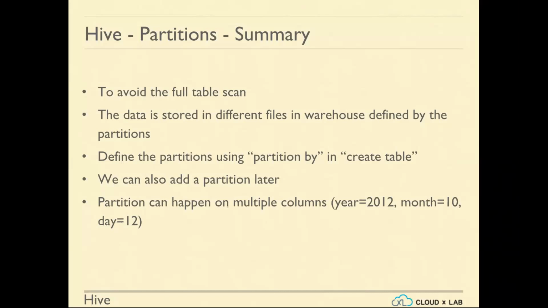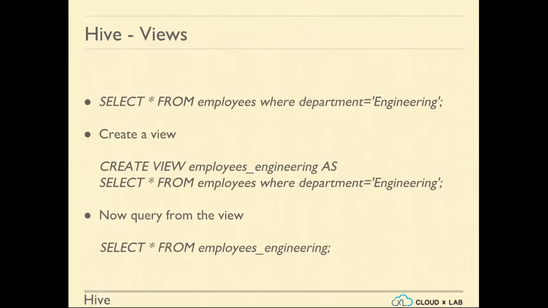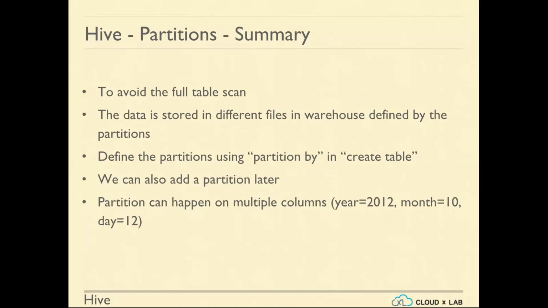So you could create 3 columns: year, month, and day. While creating the table, in the partition by we could use multiple columns, and while adding the data we could specify multiple values for these columns. Also we can do many things on the partitions.